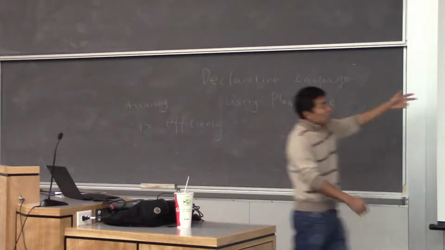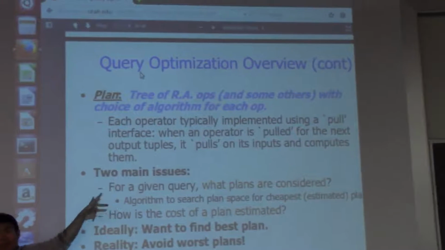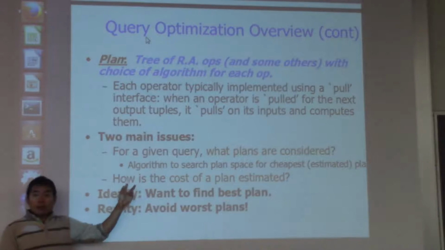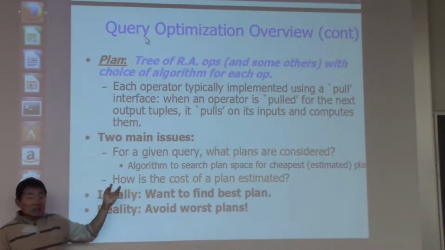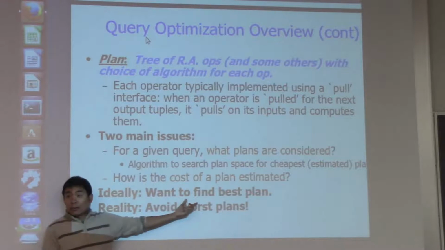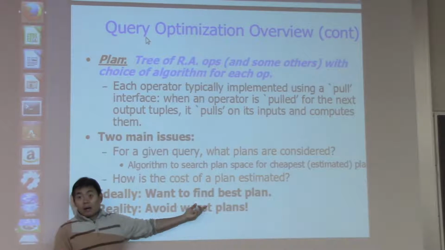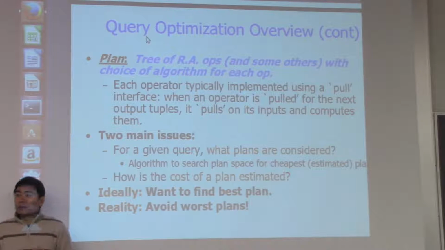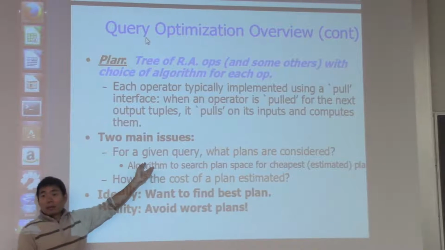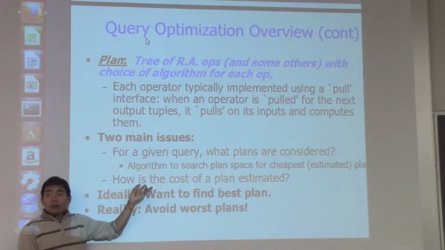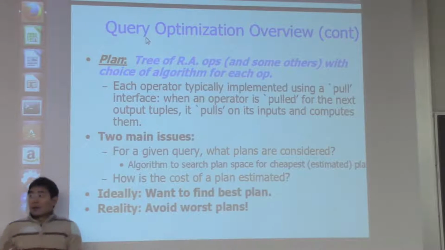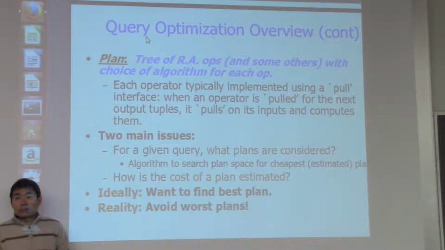Ideally, if you can solve both problems exactly, meaning that you can enumerate through all possible plans, and for each possible plan you can calculate the cost exactly, then ideally you can find the best plan. However, in practice, that's just simply not possible, because you could have exponential number of possible plans, and even if you have a limited number of plans, to compute the exact cost of each plan might be quite expensive.